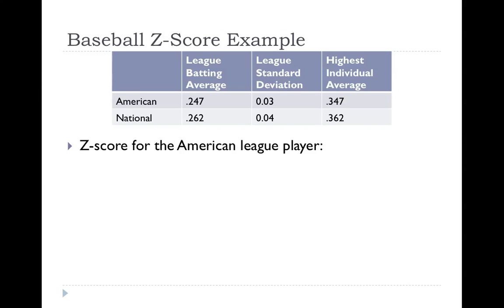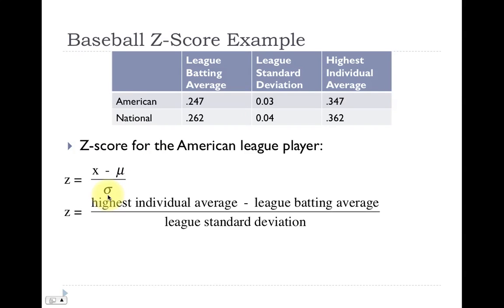Okay, so using the z-score formula, x minus mu over sigma. X is 0.347. This is the individual average, the single person's data average. The league batting average, 0.247, is the mean. And the league standard deviation is sigma, 0.03.